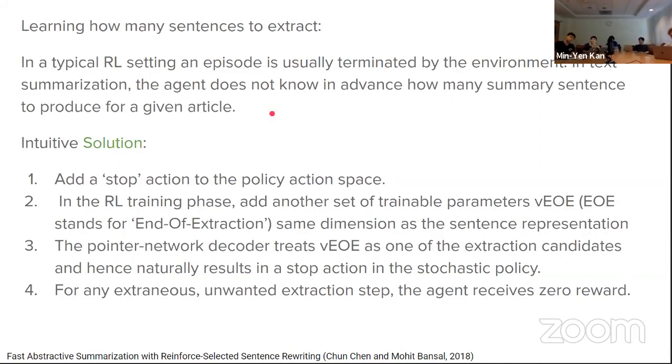As I already said, in the training data they have ground truth sentences, and whenever the number of sentences is enough, the model produces a stop action. So the model is basically learning to produce this stop action.